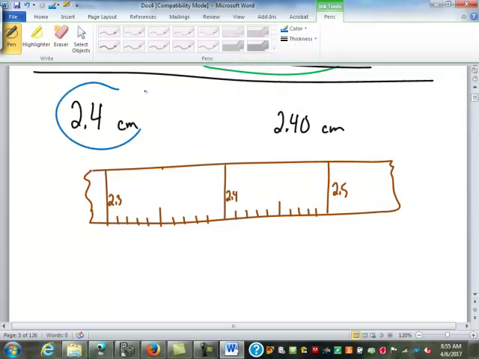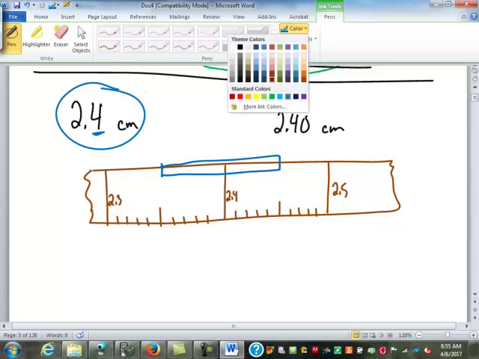This one up here is implying... What is the place value of that last digit? Tenths. So 2.4 centimeters. That is implying it was measured on a ruler, or some sort of measuring device, that went down to the nearest tenth of a centimeter, which is implying that it could be anywhere from here to here.